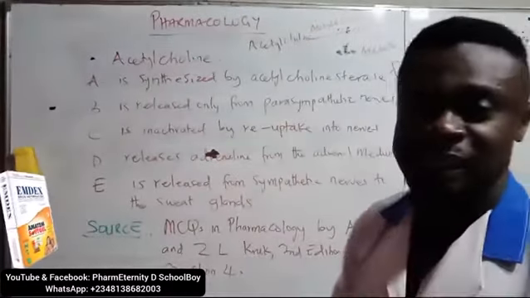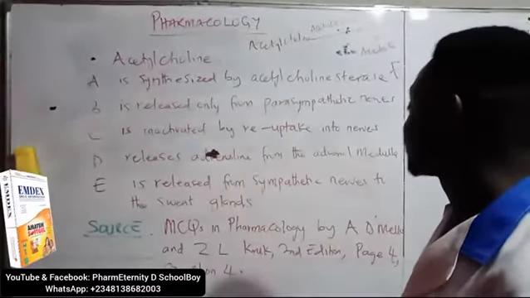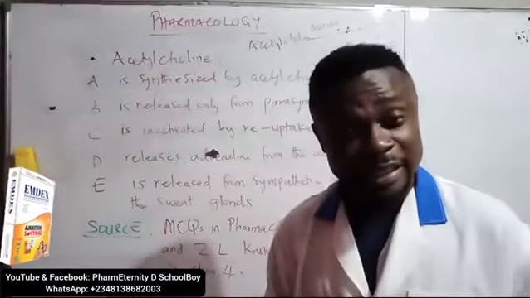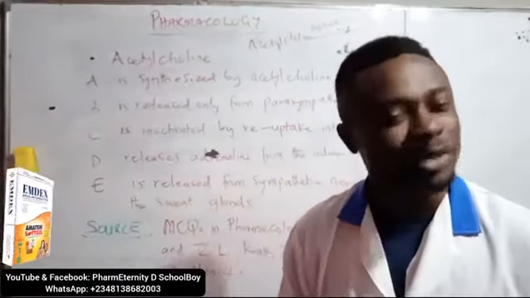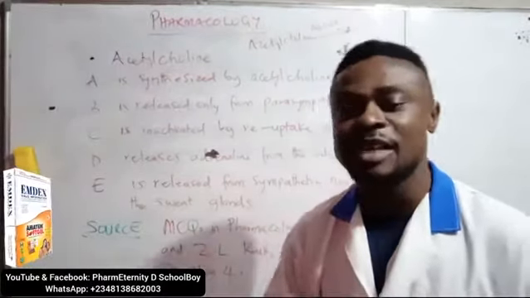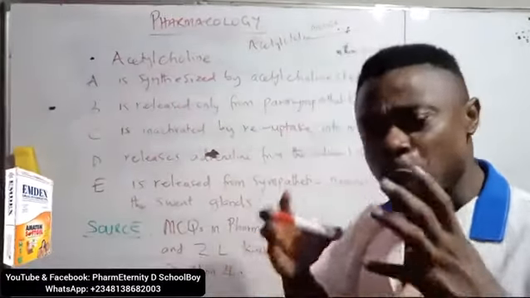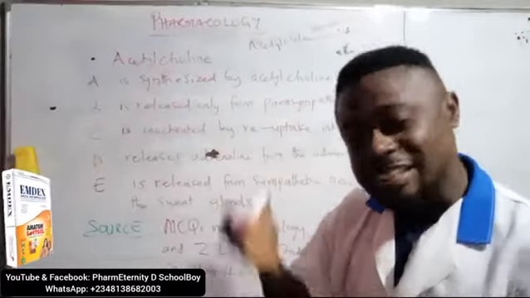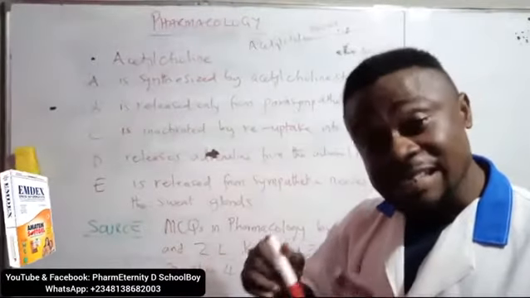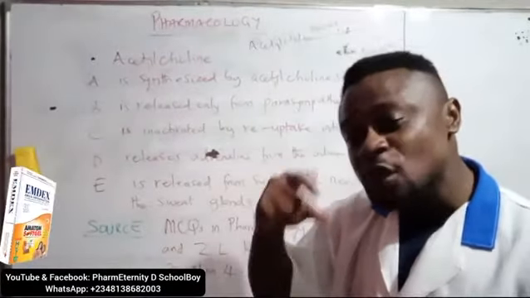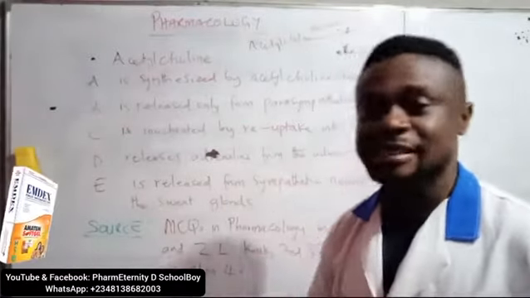Option B says that acetylcholine is released only from parasympathetic nerves. And we know that acetylcholine is always associated with the parasympathetic nerve, but it's not only released from this nerve. Acetylcholine is also released from post-ganglionic sympathetic nerves to the sweat gland.